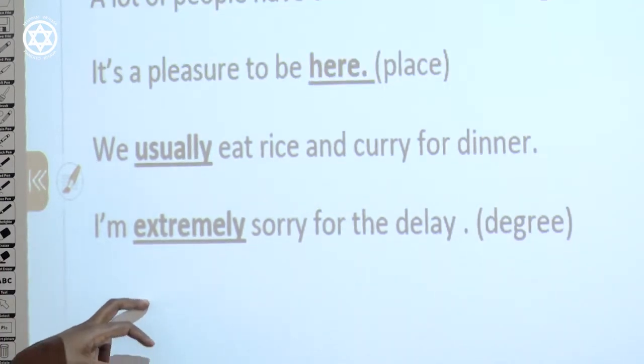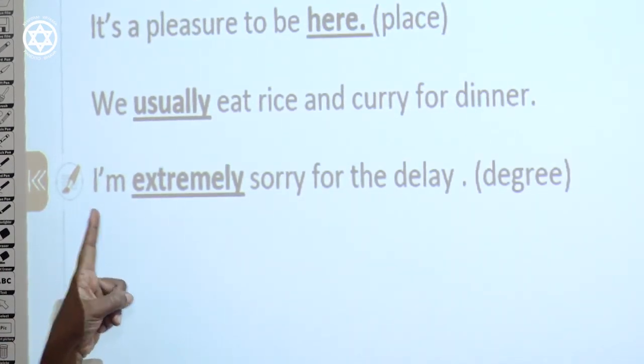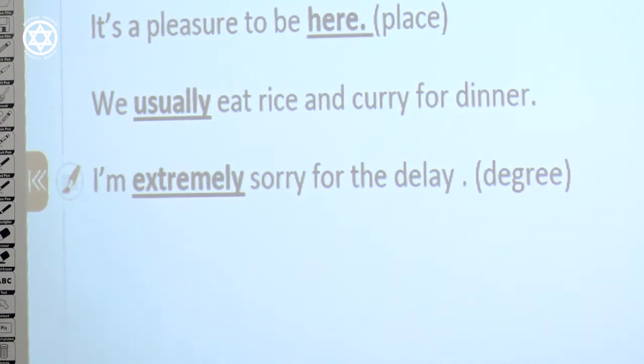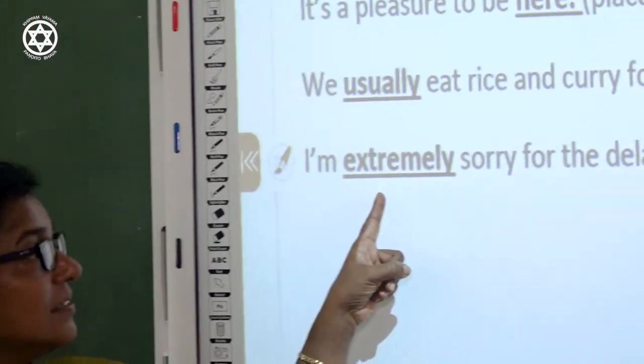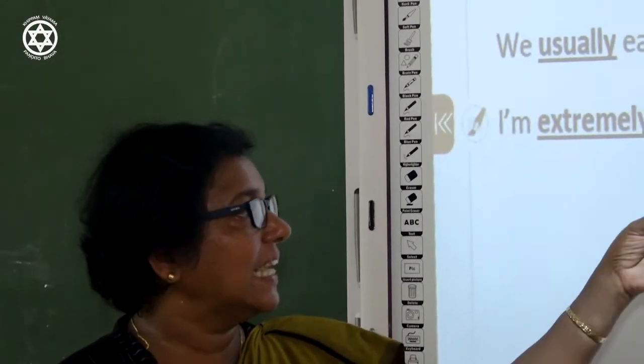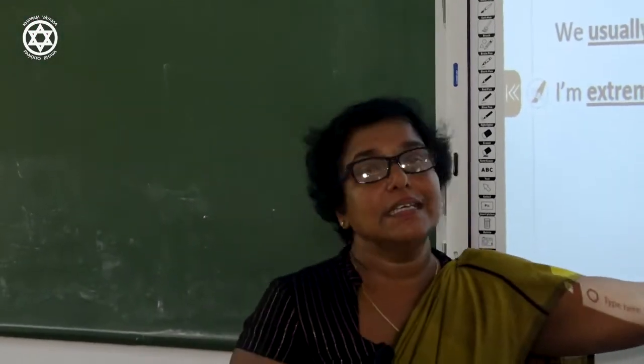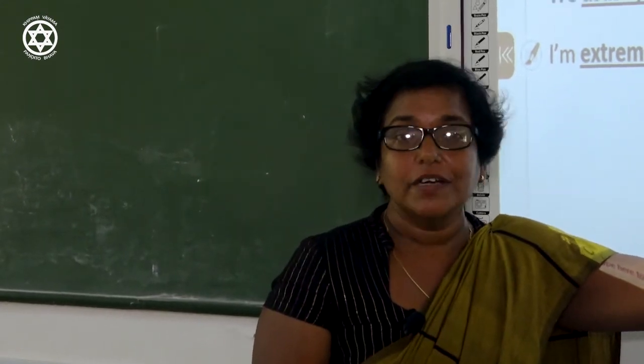The next one: I am extremely sorry for the delay. To what extent am I sorry? This adverb tells us to what extent I am sorry, so it is an adverb of degree.